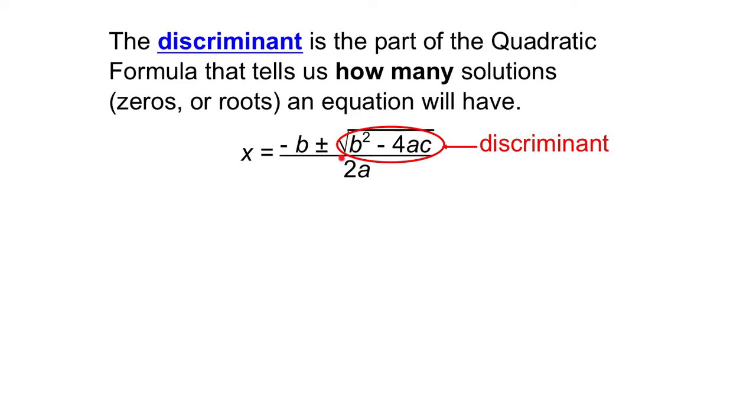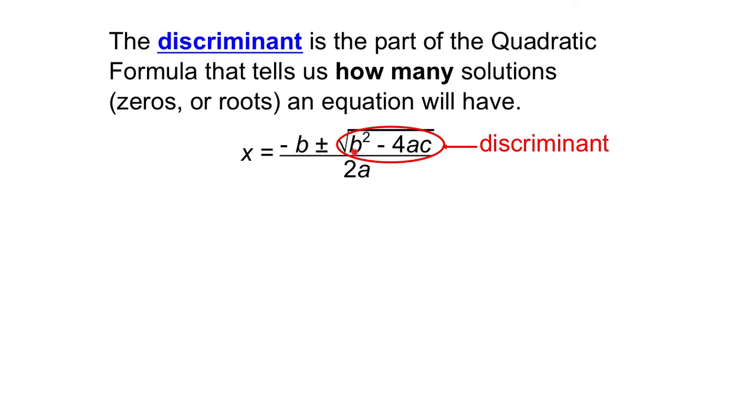Now, the square root of a negative number makes absolutely no sense, because you can't have a number multiplied by itself to give you a negative answer. So if this discriminant ends up being a negative value, then the solution doesn't work. There's no solution that will satisfy that. You cannot take the square root of a negative value.